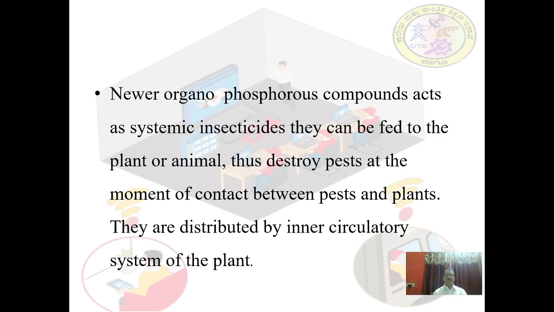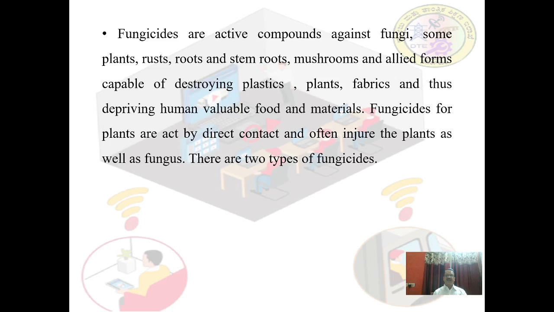Some of the newer organophosphorus compounds act as systemic insecticides. That means they are fed to the plant or animal and enter the inner circulatory system. And when the pest comes in contact with the plant or animal, it will be destroyed. Fungicides are active compounds against fungi.